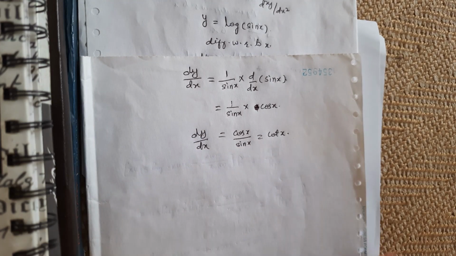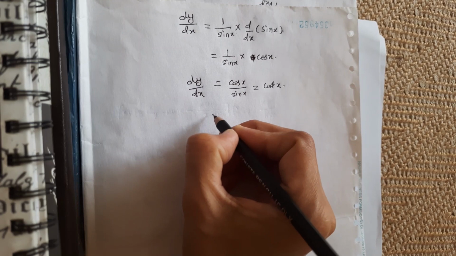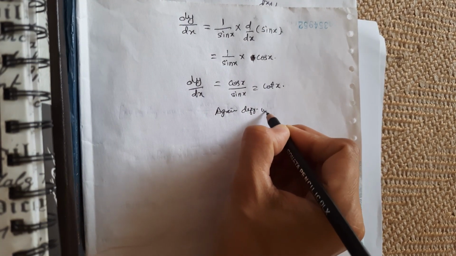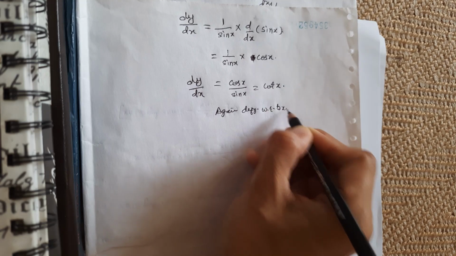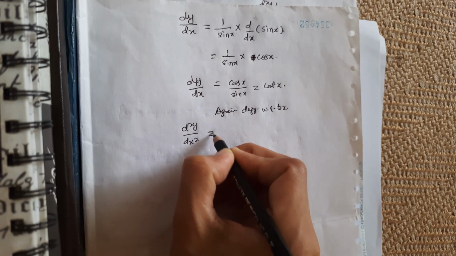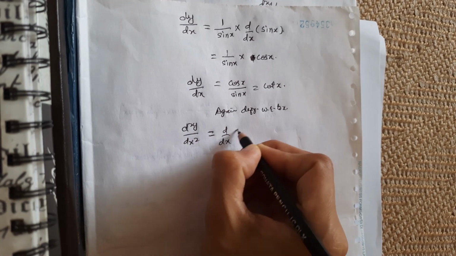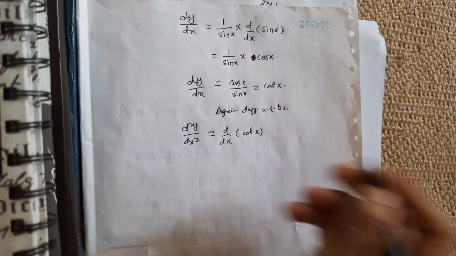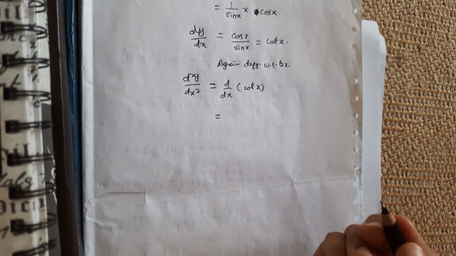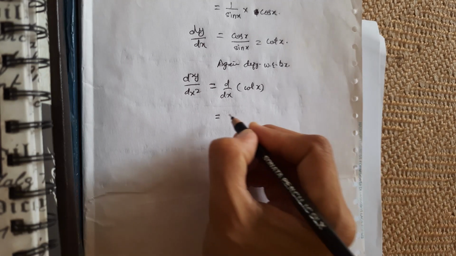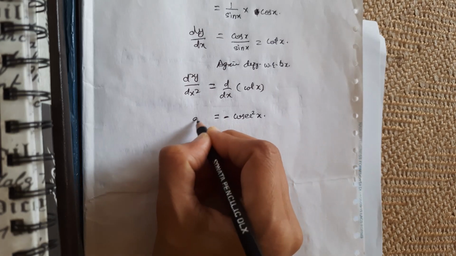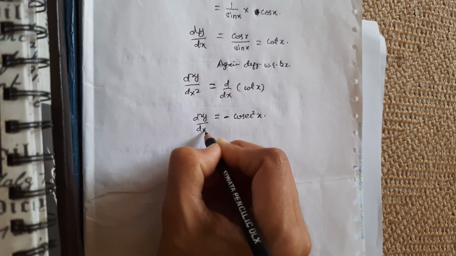Again differentiate with respect to x to get the second order derivative. I'll get d2y by dx square equal to d by dx of cot x. The derivative of cot x, by the standard formula, is minus cosec square x. So this is my d2y by dx square.